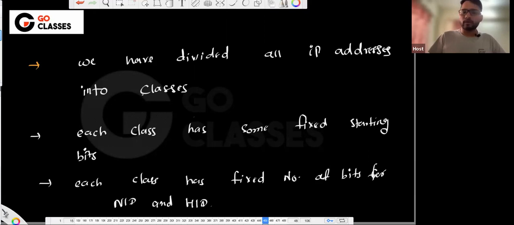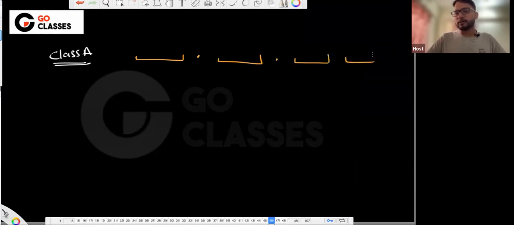So basically, let's consider class A. In this class A, if I just tell you that any IP address belongs to class A, then you will say the first 8 bits are fixed to be network ID, and then the remaining bits are for the host ID. So what does it mean to say that these 8 bits are for network ID?